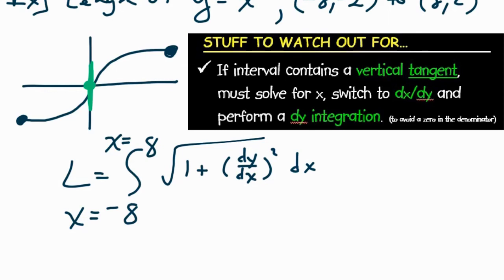Now, what this does is that it allows the 0 that was once in the denominator to now be in the numerator. It actually switches my slope so that I'm not dividing by 0. And so we'll end up doing another dy integration.